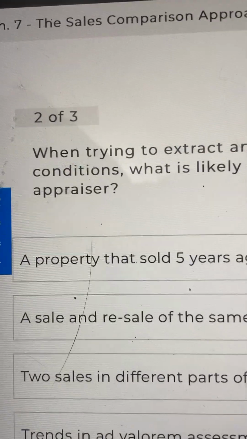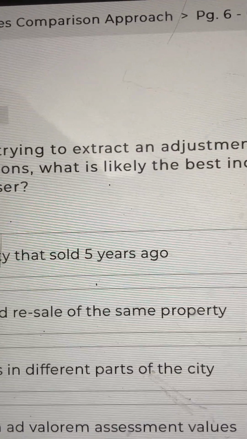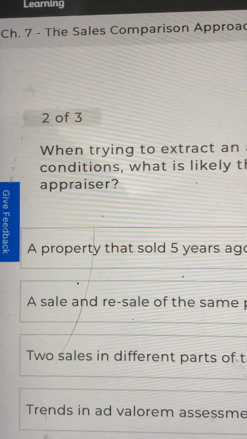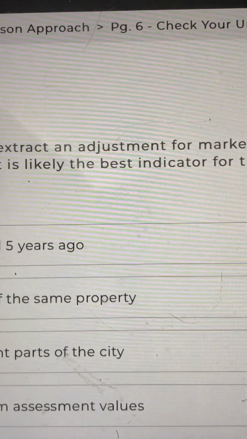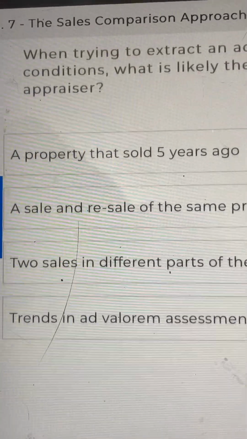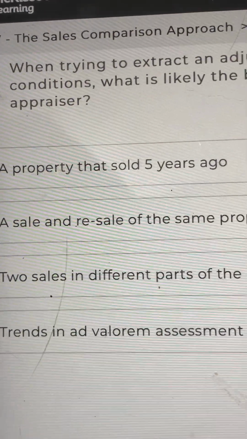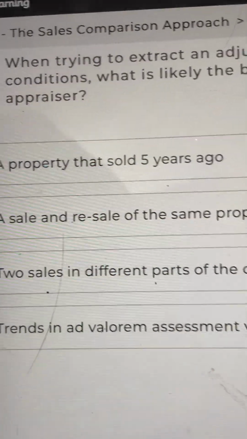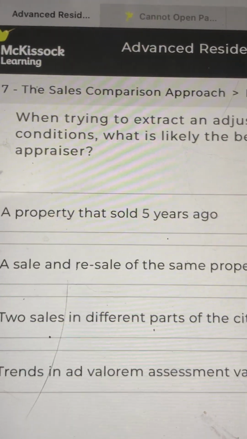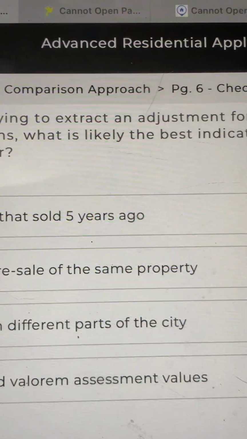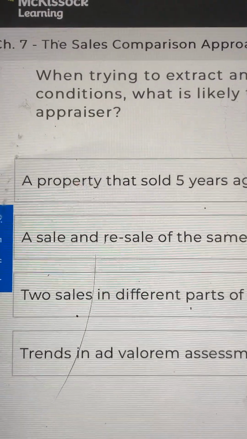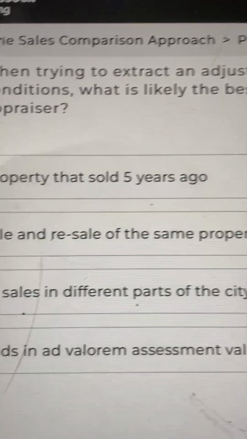Number 2. When trying to extract an adjustment for market conditions, what is likely the best indicator for the appraiser? A. A property that sold 5 years ago. B. A sale and resale of the same property. C. 2 sales in different parts of the city.